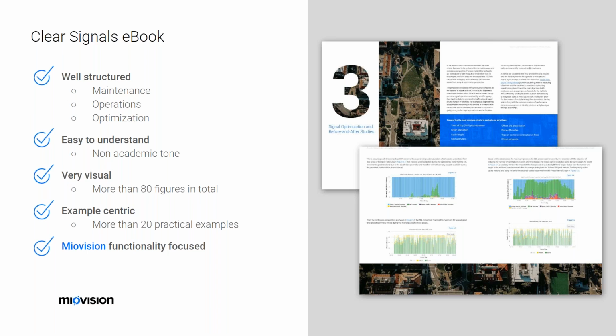The book is very well structured with dedicated chapters to guide readers through the 3 levels he talked about today: maintenance, operations, and optimization. It's very visual with about 80 figures to ensure readers understand what we're referring to in each of the 20 examples, showcasing Miovision's ATSPMs in action.